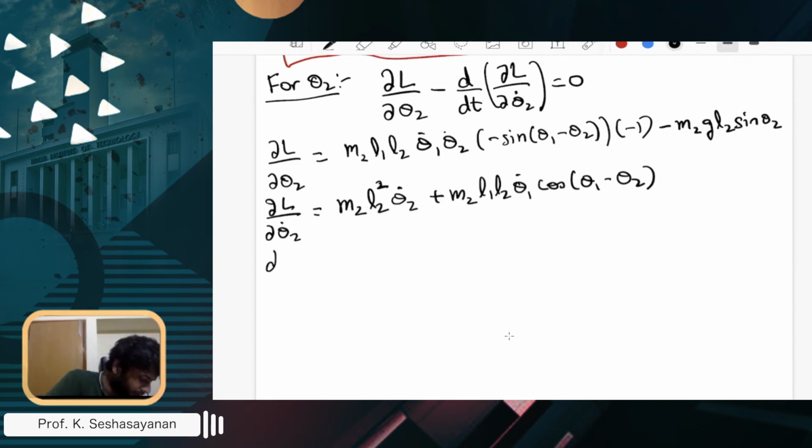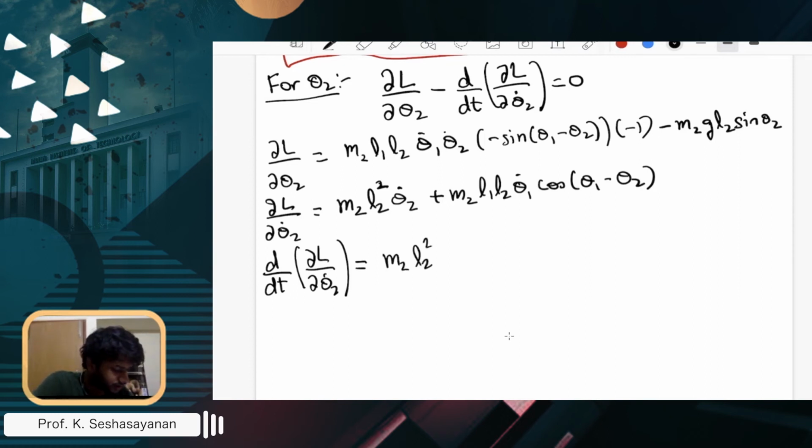So now we have to find the total time derivative of partial L over partial theta 2 dot. So this is nothing but m2 L2 squared, which are constants, times theta 2 dot; taking the total time derivative again, we get theta 2 double dot, and we get m2 L1 L2.